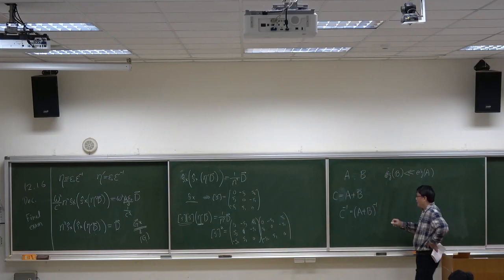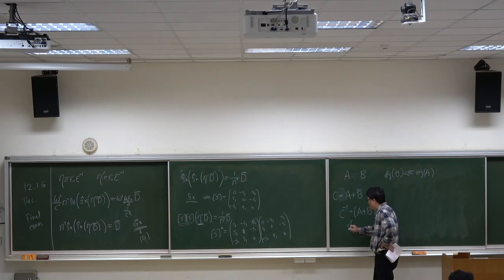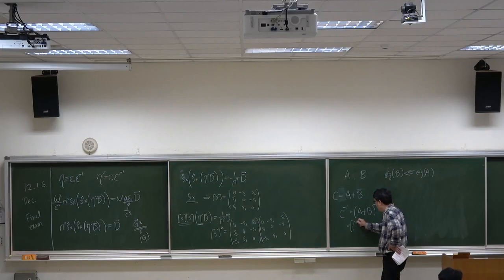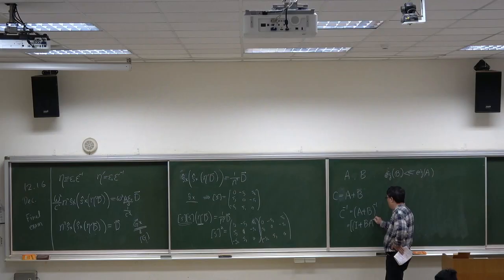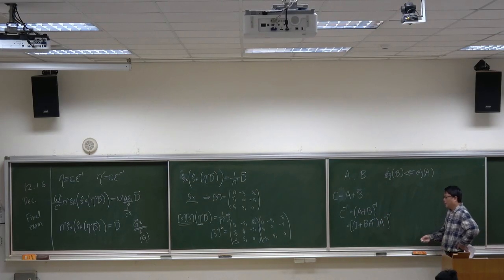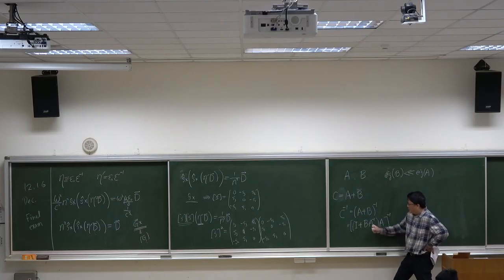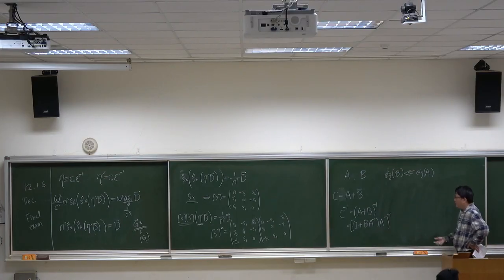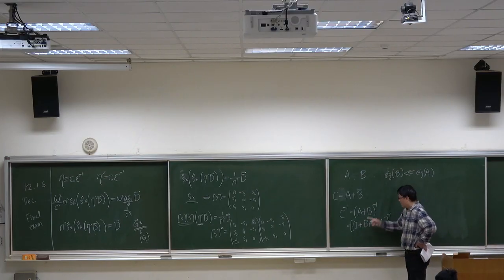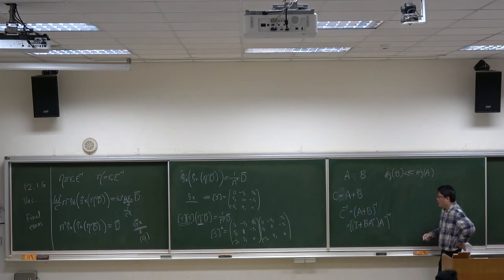And then we can write this as A times the unit matrix plus A inverse times B. And we have two matrices multiplied, and we take the inverse of the whole.